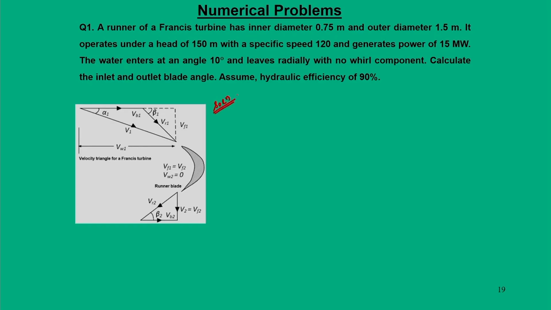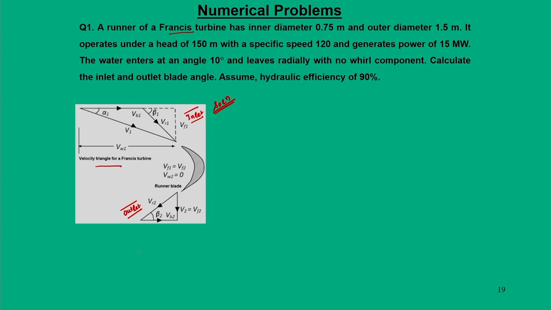The first problem is about the Francis turbines. We discussed this Francis turbine, and here we present the velocity triangles. This is the inlet and this is the outlet velocity triangle. These velocity triangles are useful to find the energy which is getting transferred from fluid to rotor.